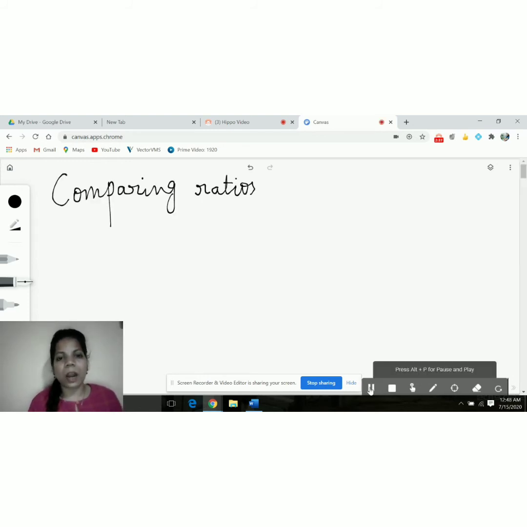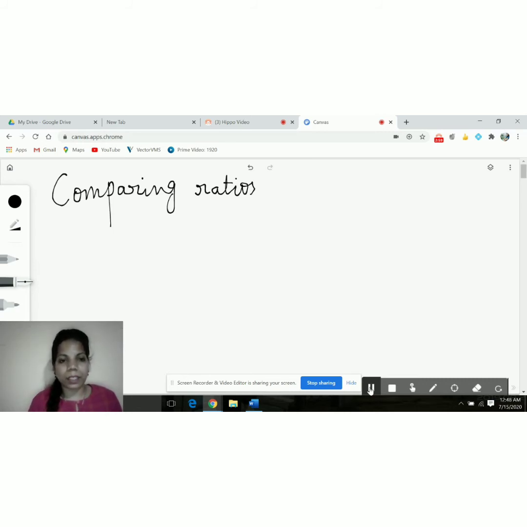Now let us see how to compare two given ratios. To compare ratios, first we have to express the ratios in fraction form. Then we have to convert the fractions into like fractions. Like fractions are nothing but fractions with the same denominator.